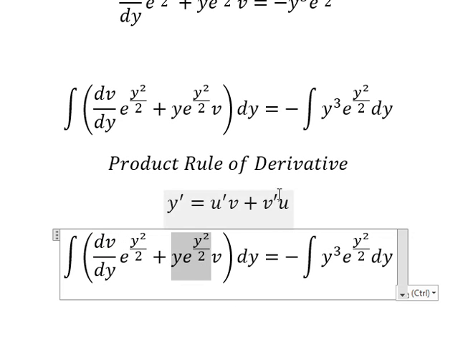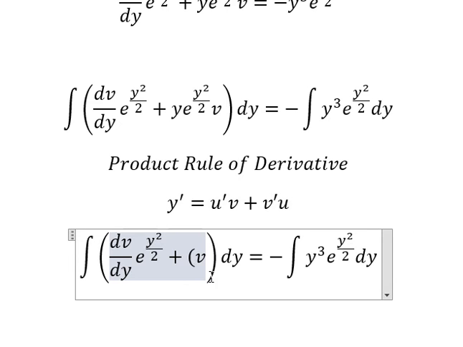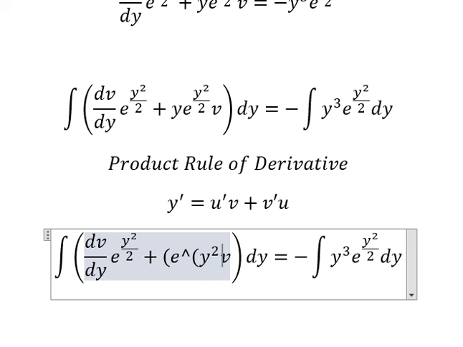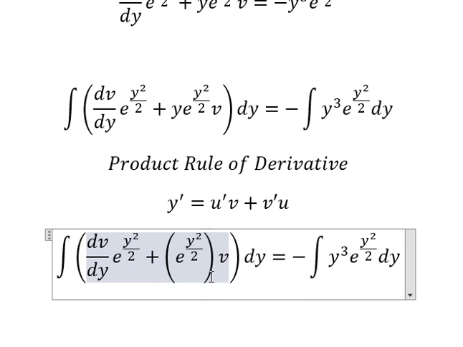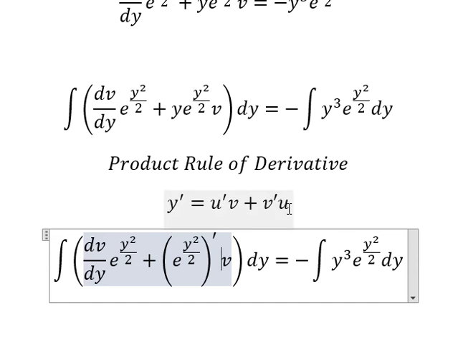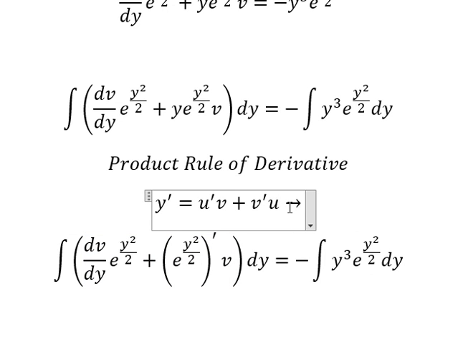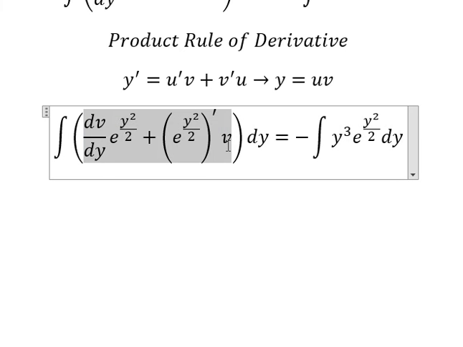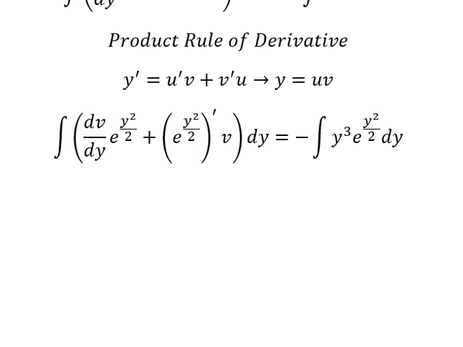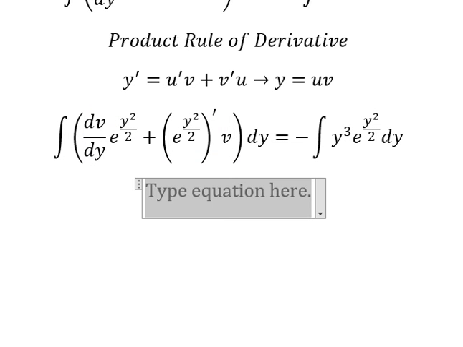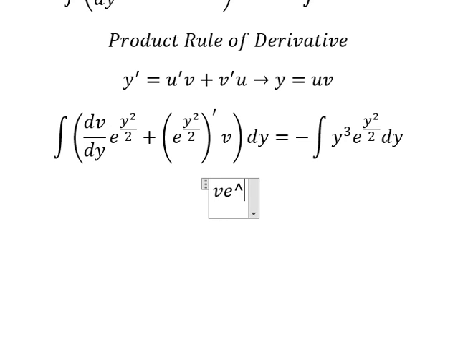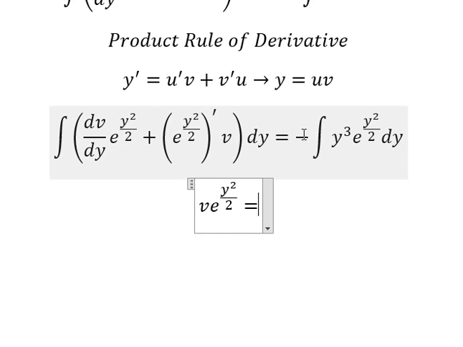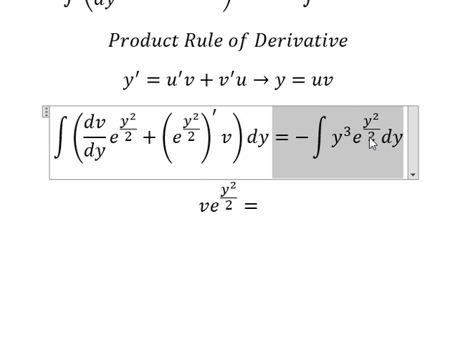This one is the first derivative of v multiplied by u. So if we do this integration, we have y equals uv. That means in here we will have v multiplied by e to the power of y squared over 2. And now I will concentrate on this one only.